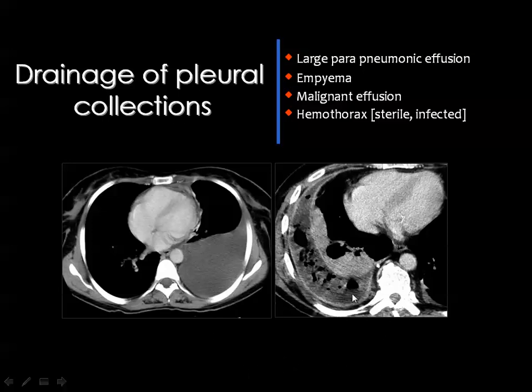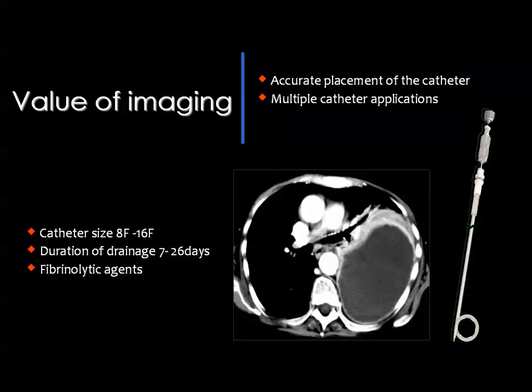But in cases of encysted collection, or in cases of empyema like this, where you can see enhancement of the pleural reflections and the presence of multiple air loculi inside the empyema itself, we may insert a pigtail catheter percutaneously and leave it for 2 or 3 days in order to ensure adequate drainage.